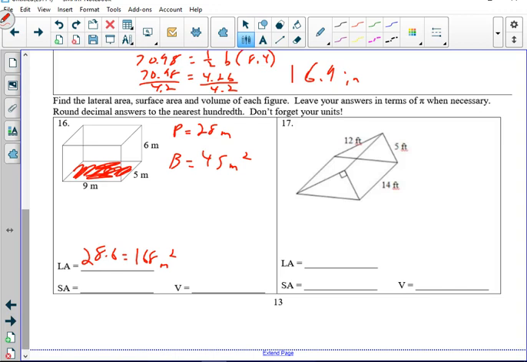The surface area is basically the lateral area, 168, plus 2 times 45. So 2 times 45 is 90. So that means it's 258 square meters. And volume is simply 9 times 5 times 6, which is 270 cubic meters.